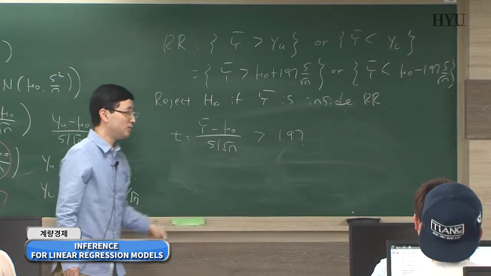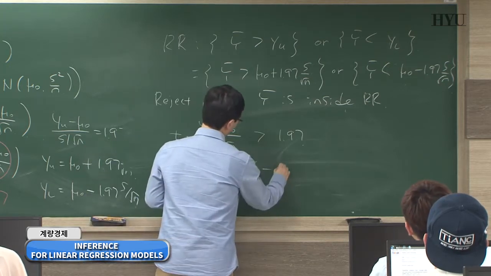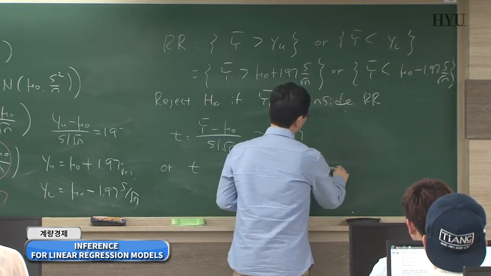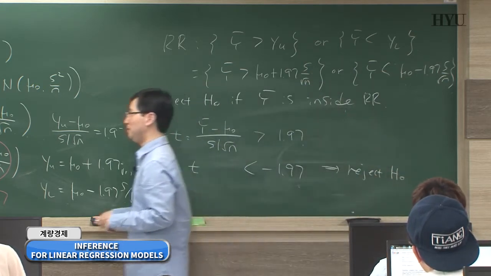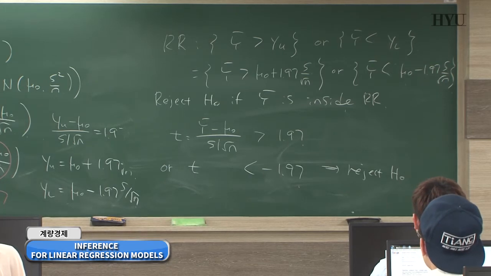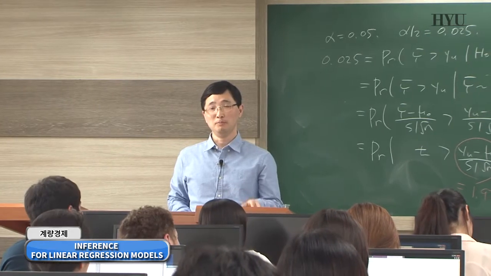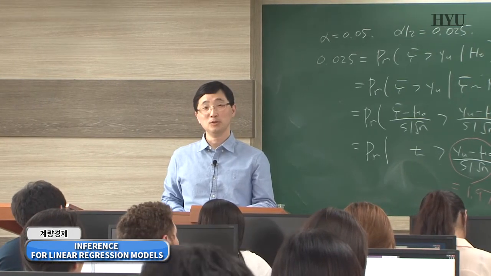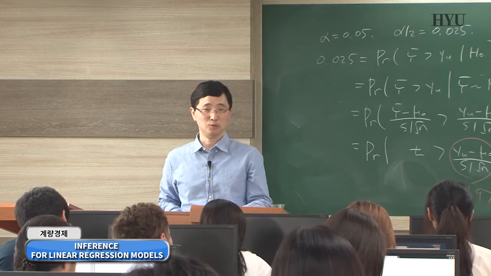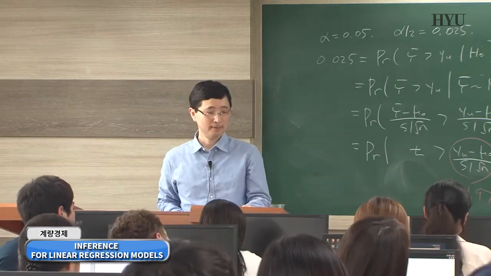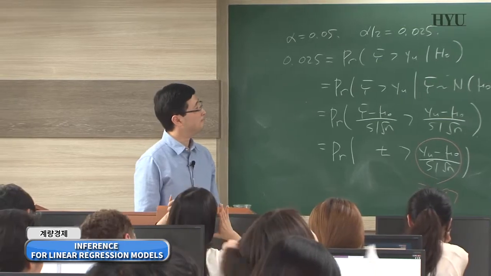If your t value is beyond the cutoff, then you reject. So it's very familiar, right? You calculate the t value, which is a standardized sample mean. And then if it is bigger than 2 or smaller than minus 2, approximately, you reject the null. So the p-value method is actually the rejection region method.